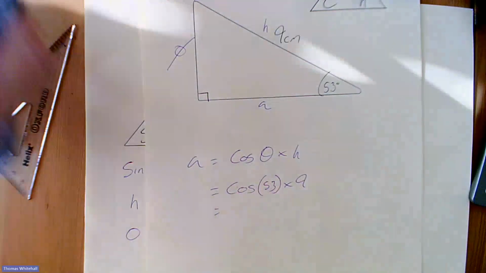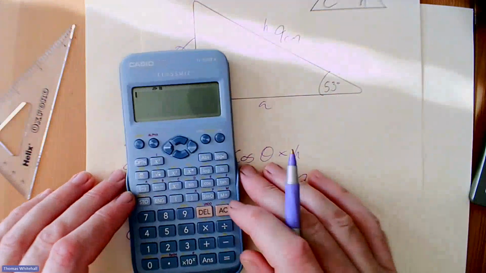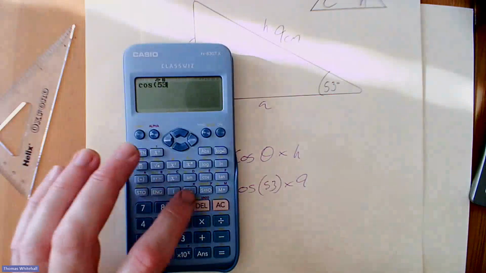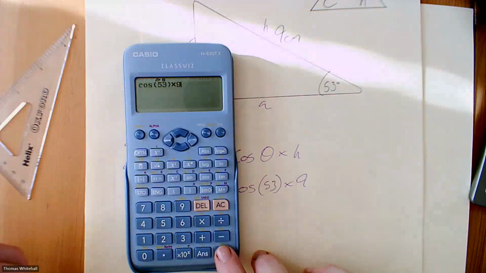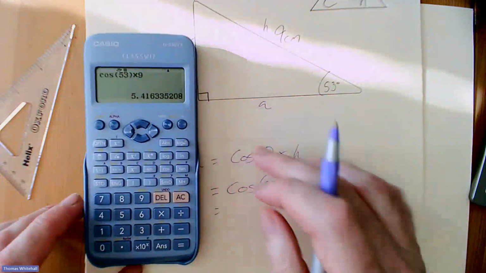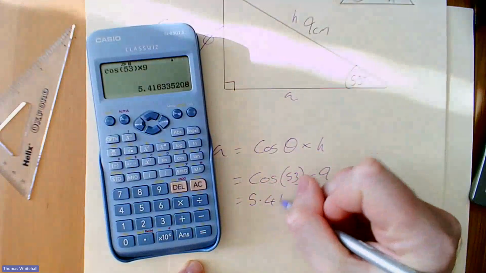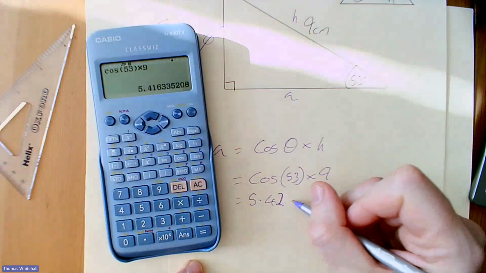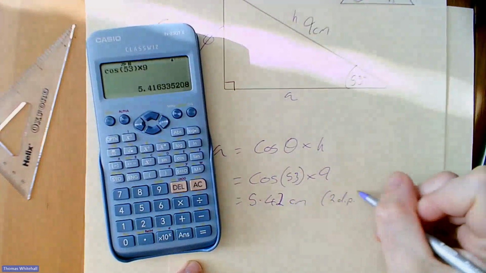So again, come back to our calculator. So cosine 53, close brackets, times by 9, and in this case, we're going to round it. I'm going to go 2 decimal places, so we've now got 5.42, making my own mistakes there, and that's centimeters, and of course, 2 dp for that one.